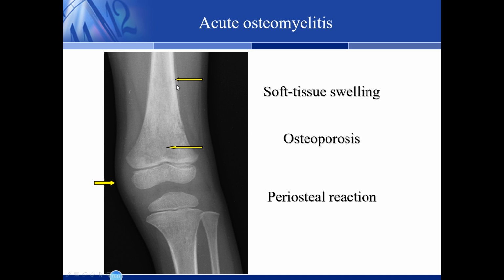Here is the periosteal reaction, proliferation. So this is the early stage of acute osteomyelitis. We could find soft tissue swelling, osteoporosis, and periosteal reaction. Here is the periosteal reaction.